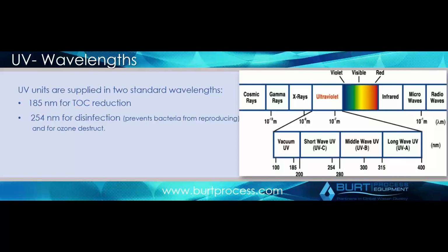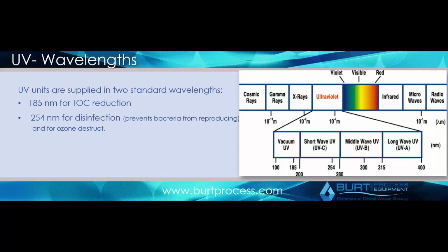This is a very common parameter in chemical and semiconductor applications, where you want to get rid of the carbon backbone chain present in your system. TOC is removed by the RO, but that will generally drop you down to maybe 50 to 100 parts per billion. The 185 nanometer TOC UV can drop you down to say 5 or even lower levels of TOC required for some specific water qualities.